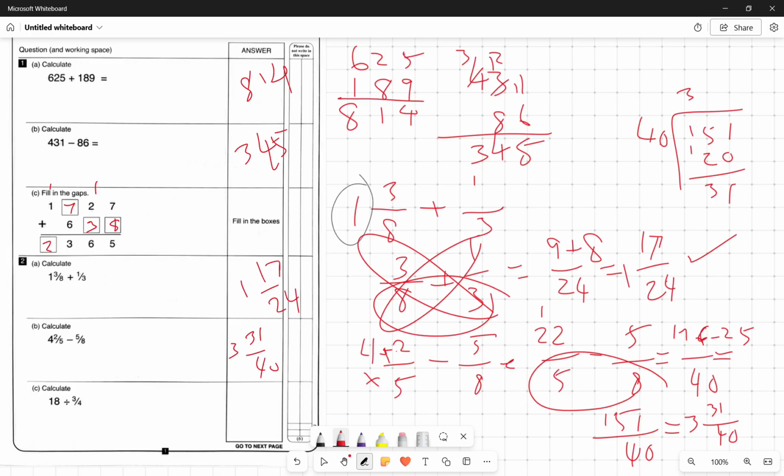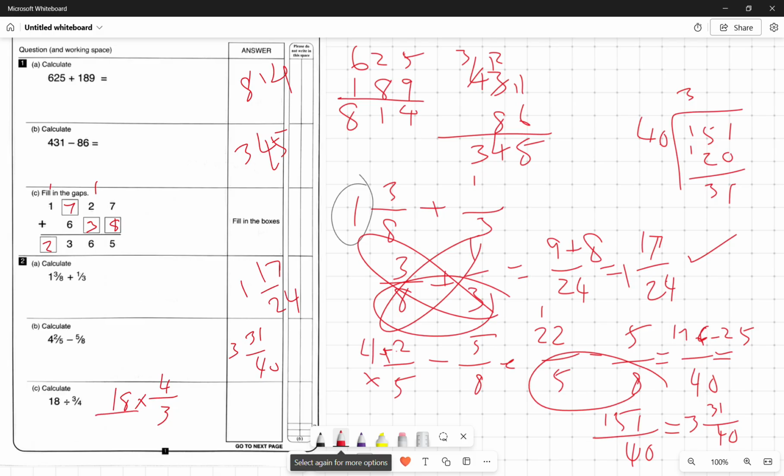Very easy, very simple question. Question number 2C: 18 divided by 3 over 4. The divide sign is changed to times, and we flip the fraction, so it becomes 4 over 3.